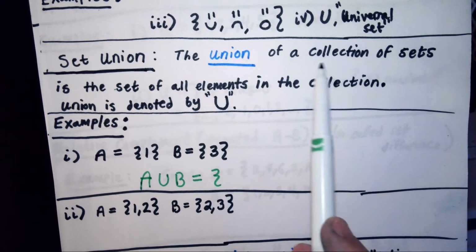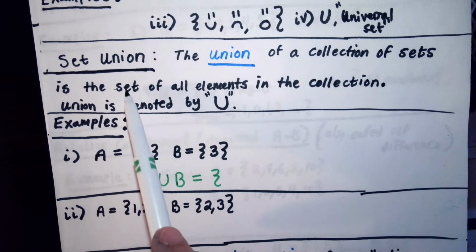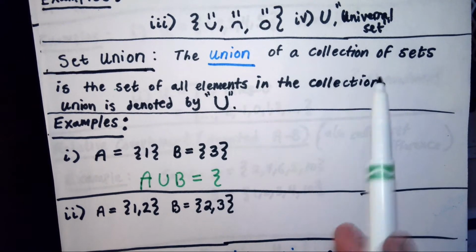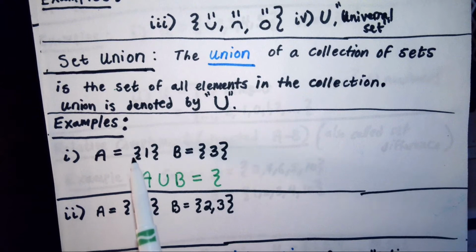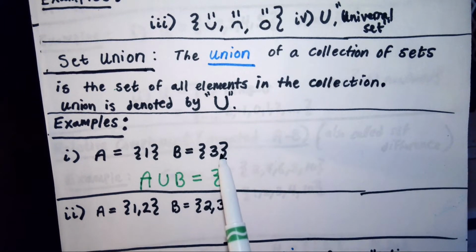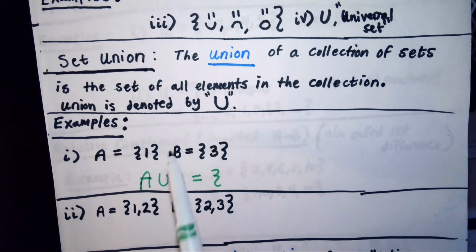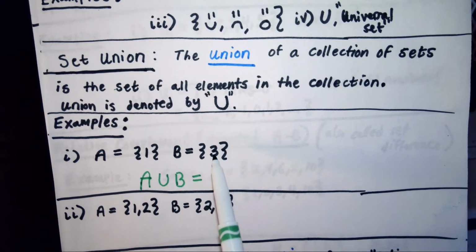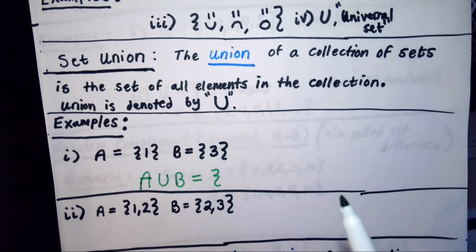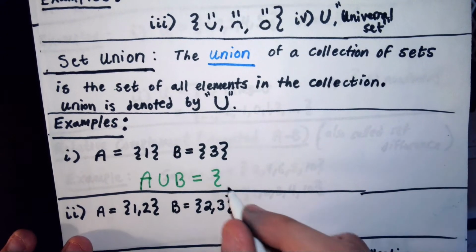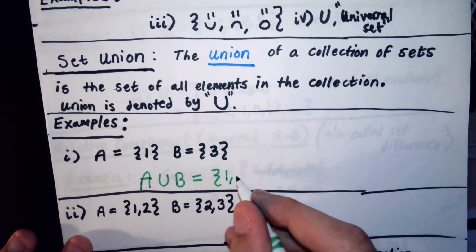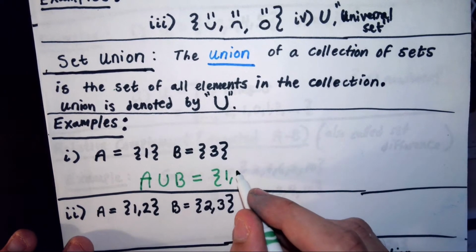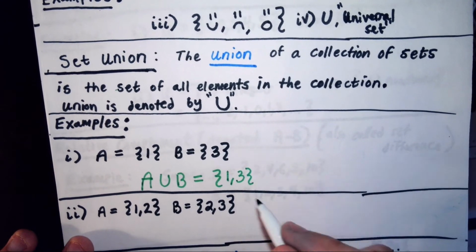The union of a collection of sets is the set of all elements in the collection. Well, this is my collection of sets. I have the set A and the set B. And the set of all elements in the collection, well, I have the element 1 and I have the element 3, right? There are no other elements in this collection. So therefore, the union of A and B in this instance is just the set {1, 3}.